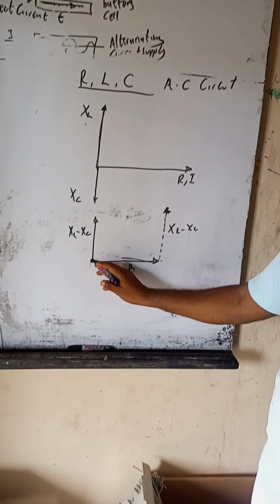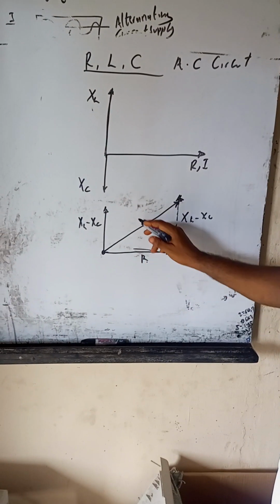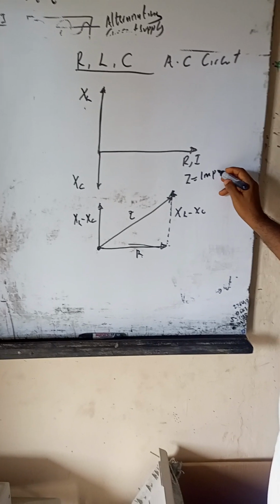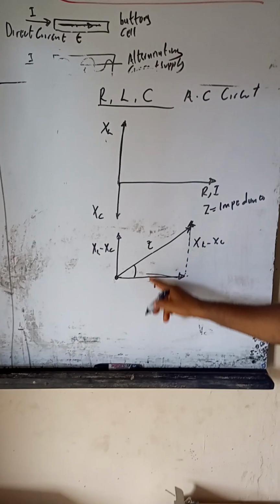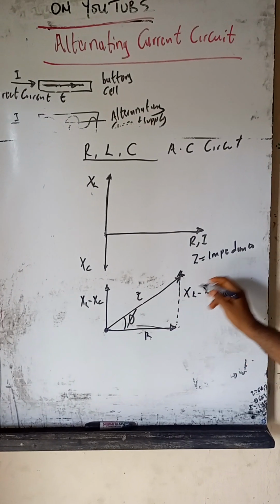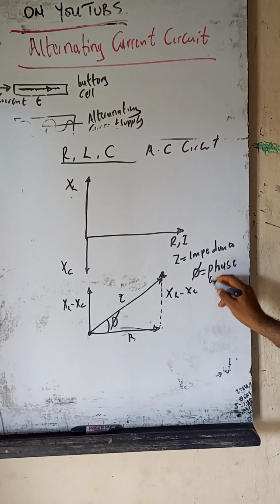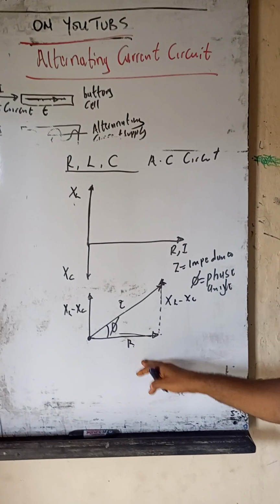So I can equally have a resultant that moves this way. That resultant we have here is known as the impedance. Z is known as impedance. The angle between this impedance and the resistor, which is phi, this particular angle is called the phase angle.